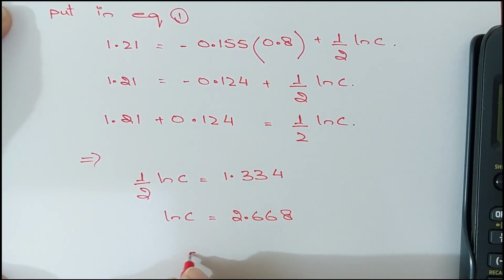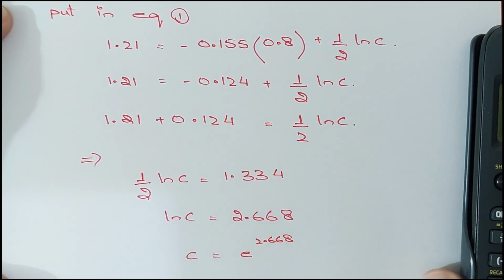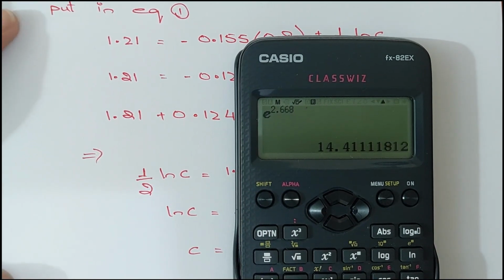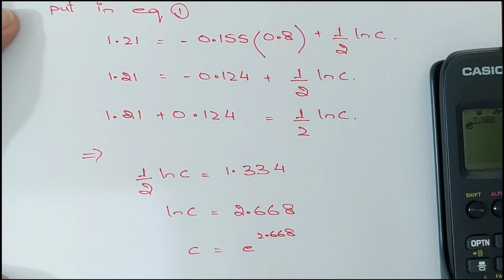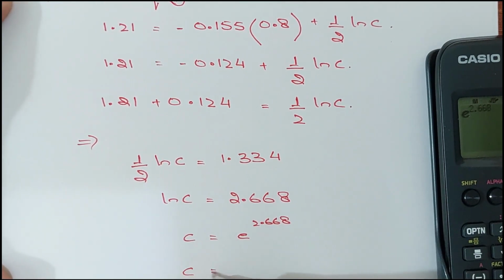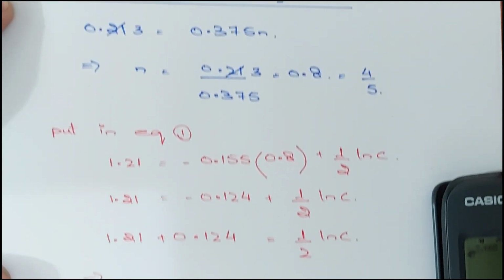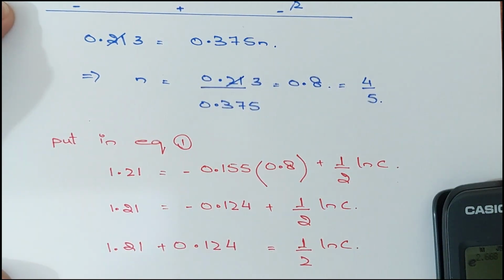Then c equals e to the power 2.668, and with shift e, we have 14.41 up to 2 decimal places. So the c value is 14.41 and the n value is 0.8.